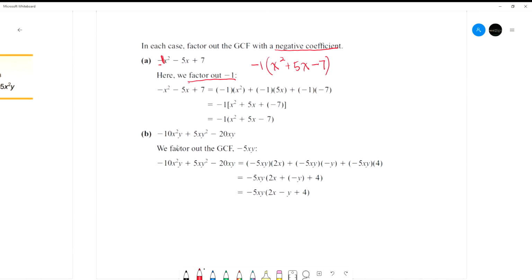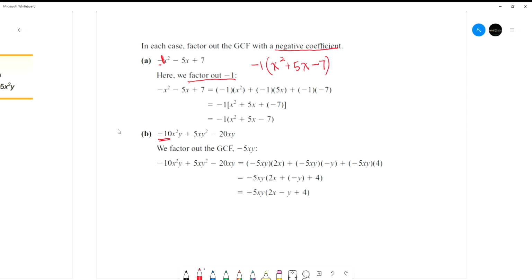Okay. So you see over here we have negative 10x squared y plus 5xy squared minus 20xy. So the leading coefficient here is negative, right? So we have to find the GCF of negative 10, 5, and 20. I always look at the smallest number and see how it divides into all of them, right?